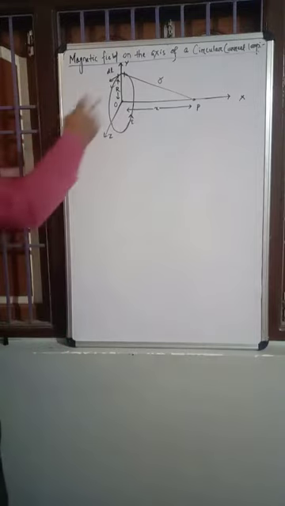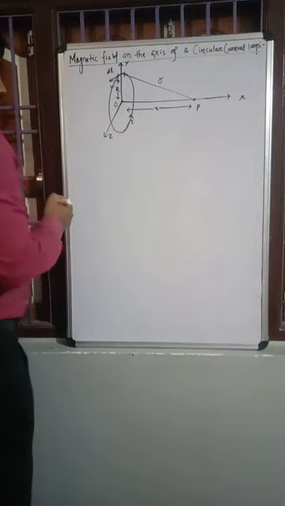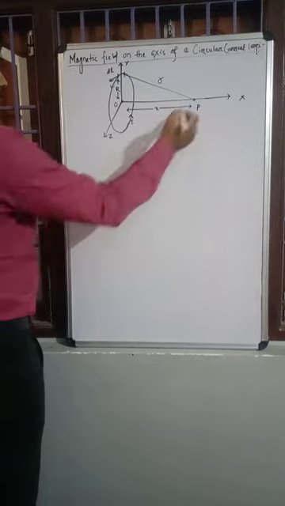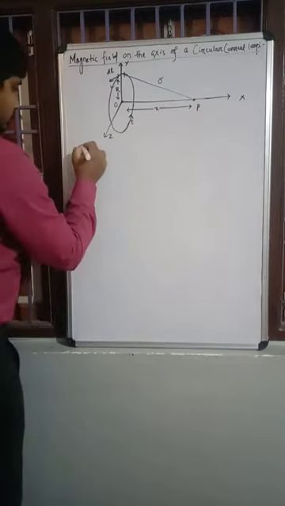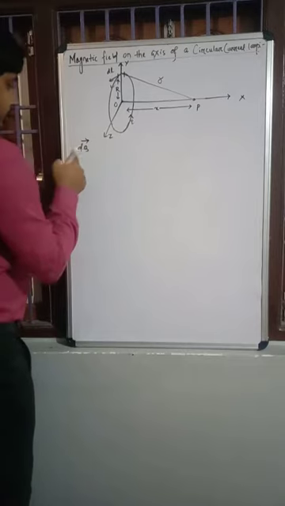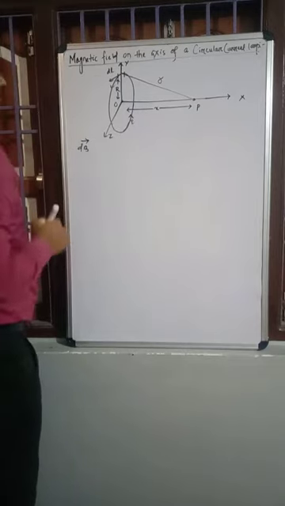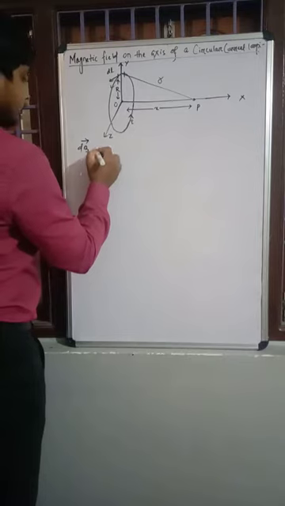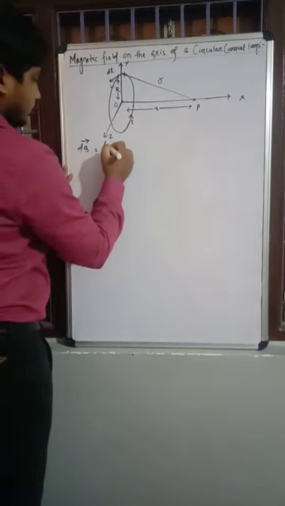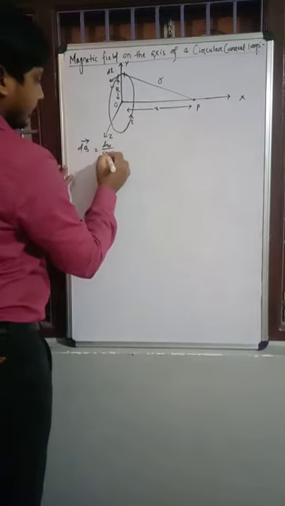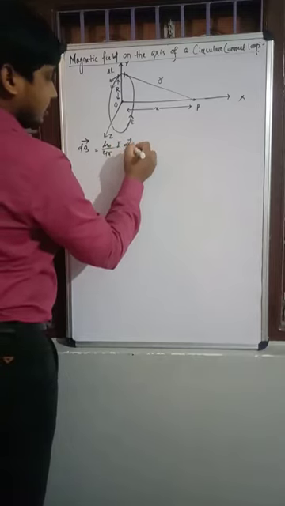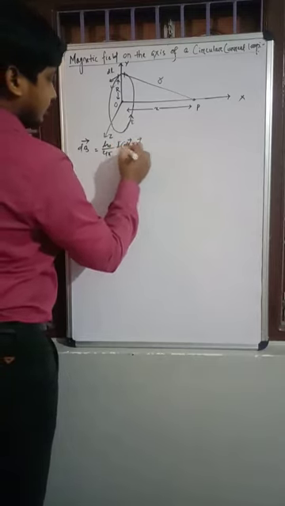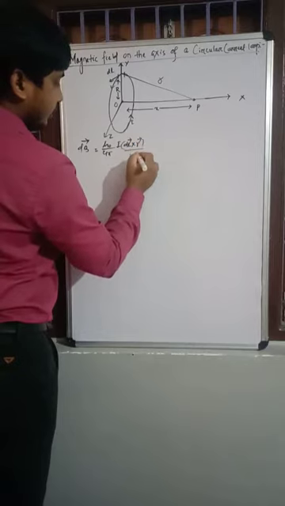Okay, now just see, according to Biot-Savart law, the magnetic field at the point P, dB vector, small magnetic field because it is due to the small element, will be given by mu naught by 4 pi I dl cross r divided by r cube.